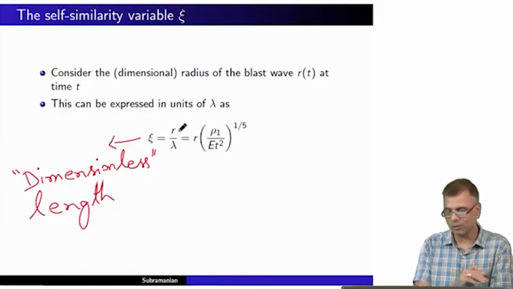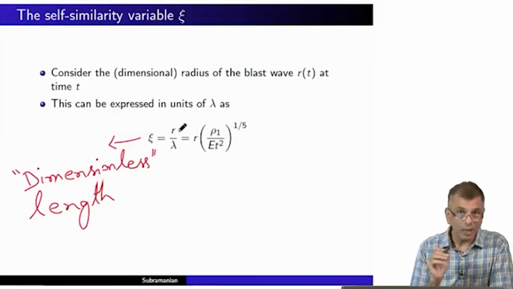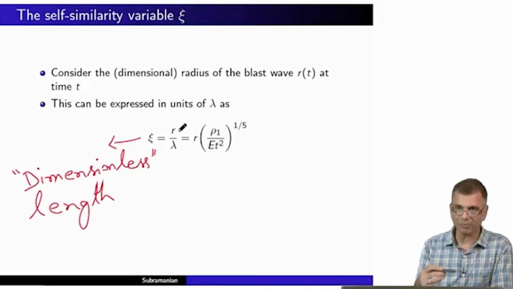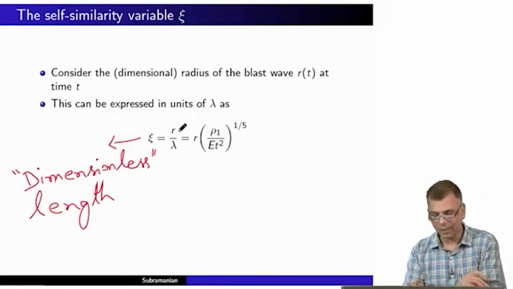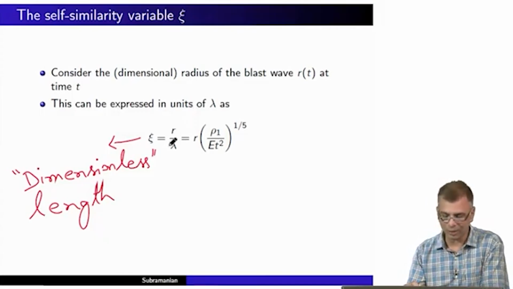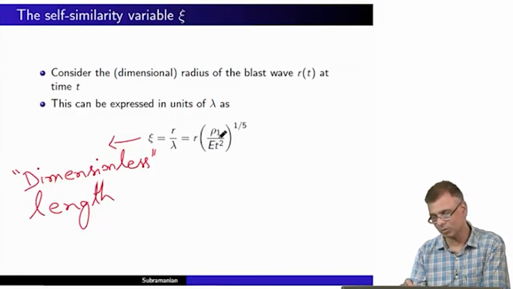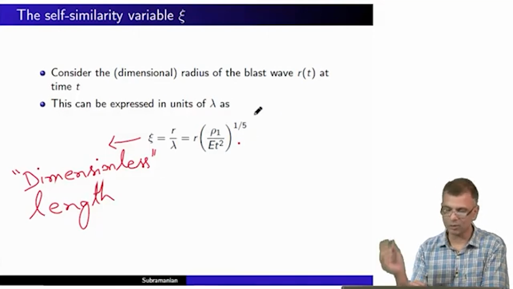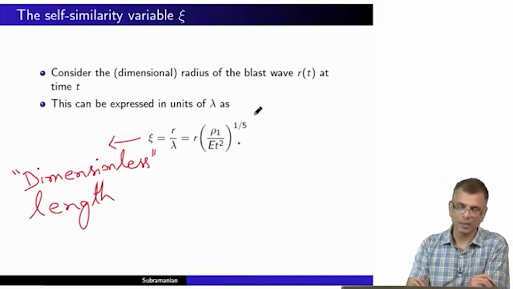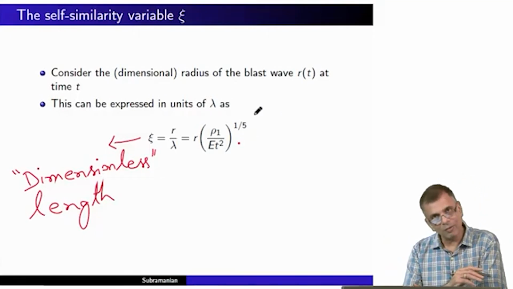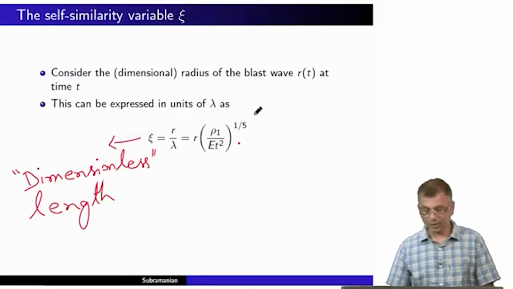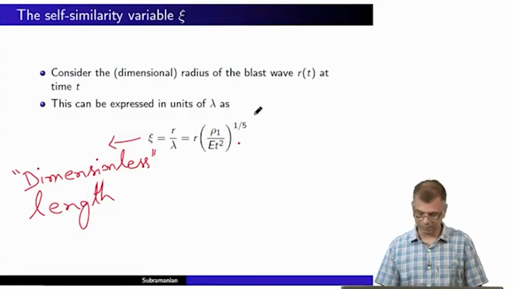So you divide the two and it has no dimensions. Nonetheless, it is telling us something about the scale. So I simply take the definition of lambda from the previous slide, and r over lambda is r times rho 1 over E t squared raised to 1/5. Okay, so this is extremely simple, and let us see how far this can take us.